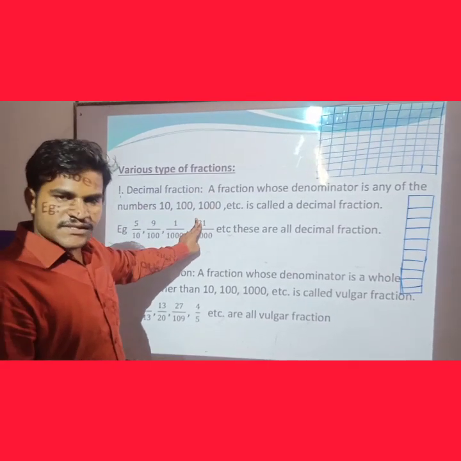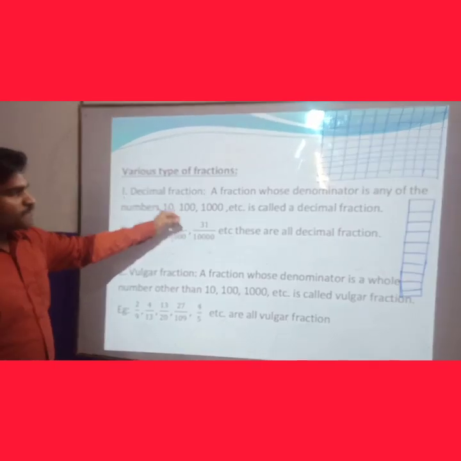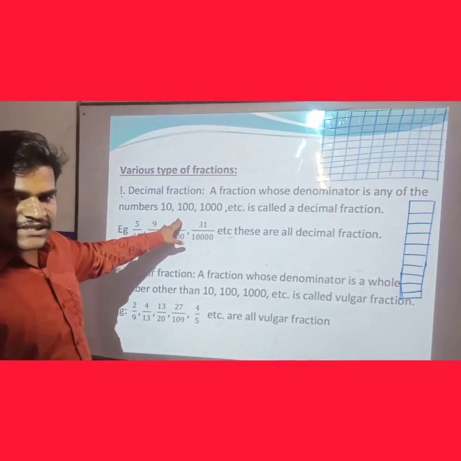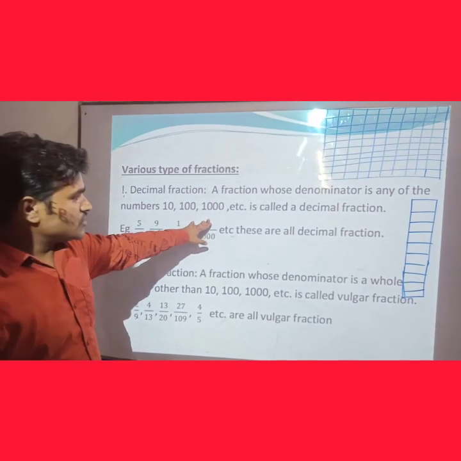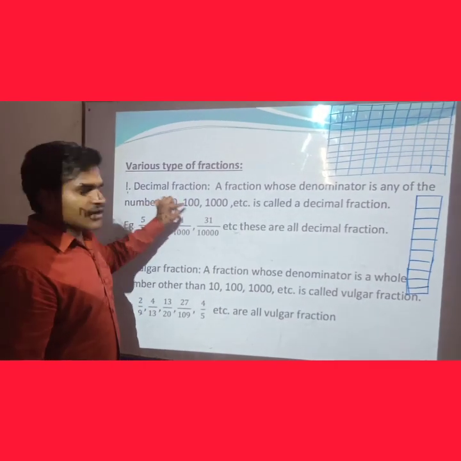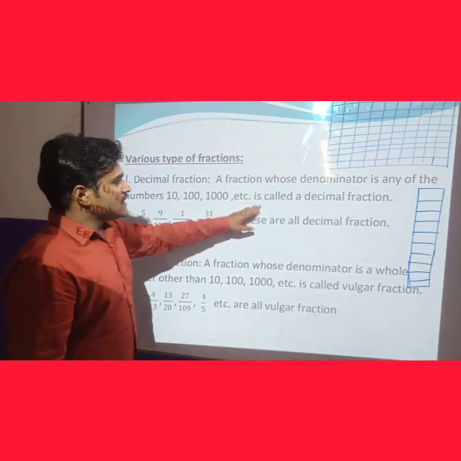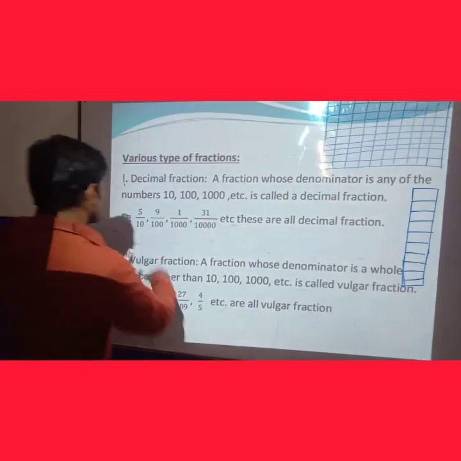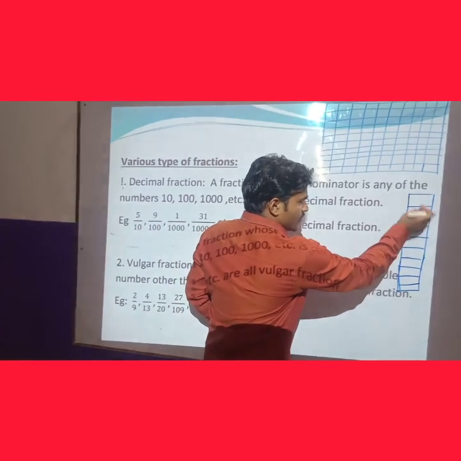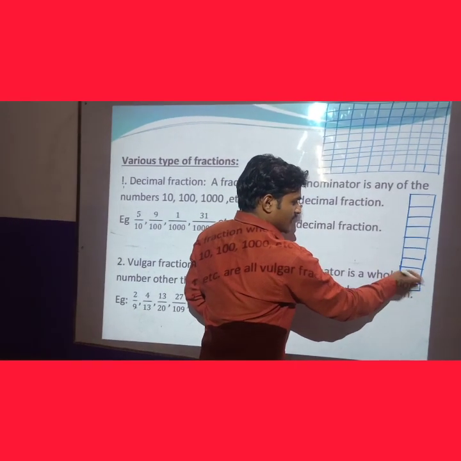First, decimal fractions. A fraction whose denominator is any of 10, 100, 1000, that is, a multiple of 10 in the form of 10, 100, thousands, is called a decimal fraction. First, 5/10. There are 1, 2, 3, 4, 5, 6, 7, 8, 9, 10 boxes.